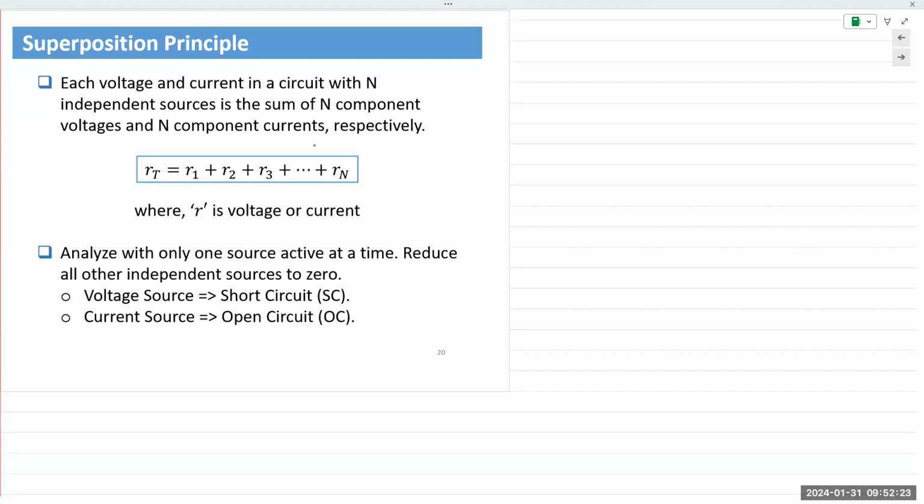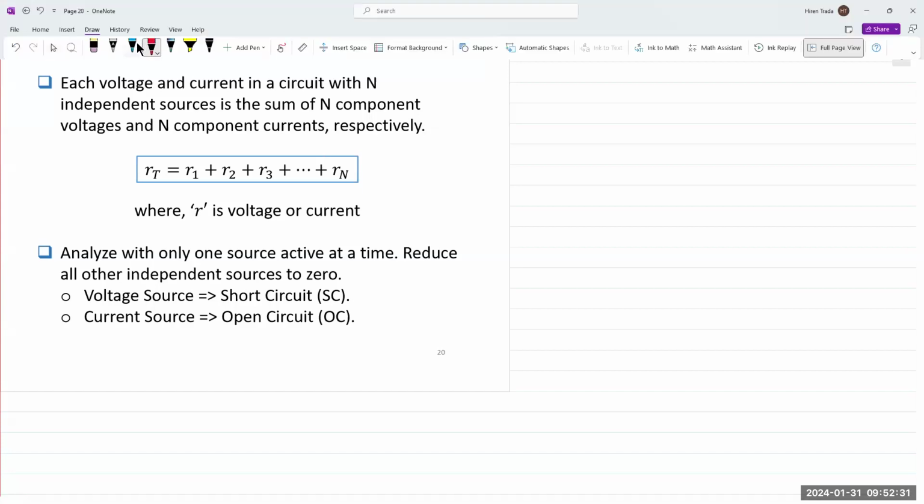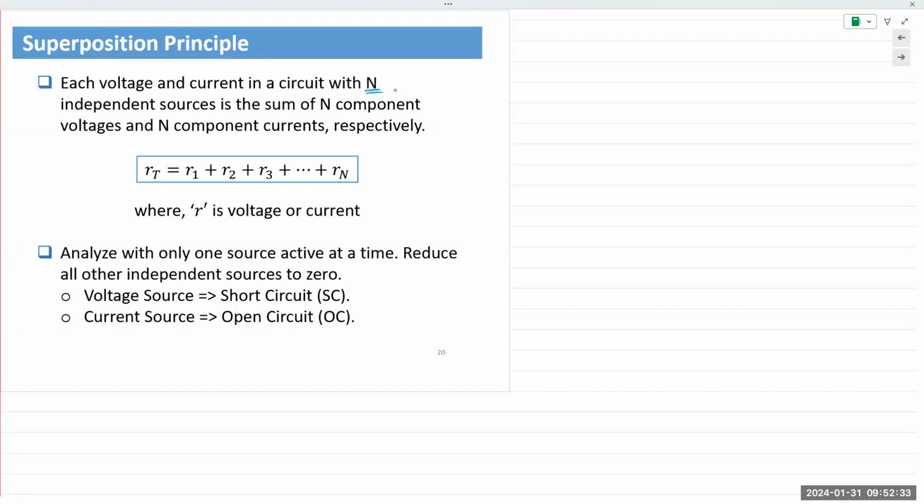So if I have n number of sources, then the resulting voltage or current at any point is a result of those sources working together.